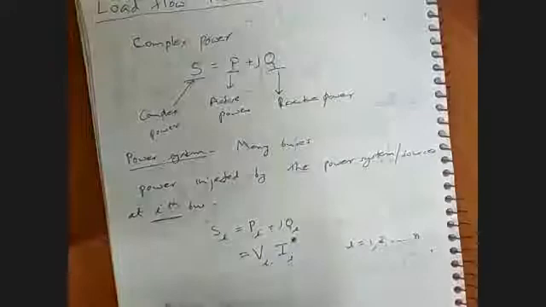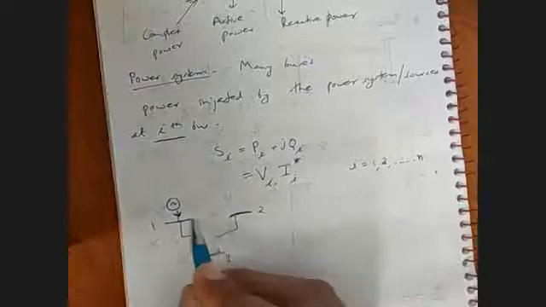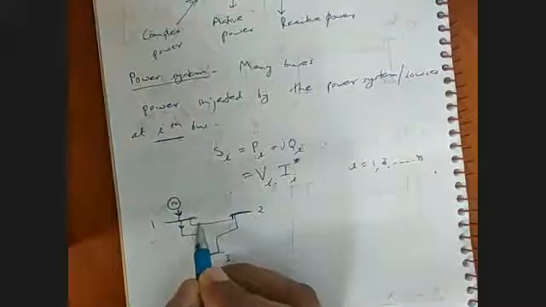So because we are talking about, for example, 1, 2, 3 buses, we have a source here which is supplying power or injecting power in the power system, and we are assuming that only this is the source, then this will be giving power to all other buses also. So that will be the current which will be flowing here.